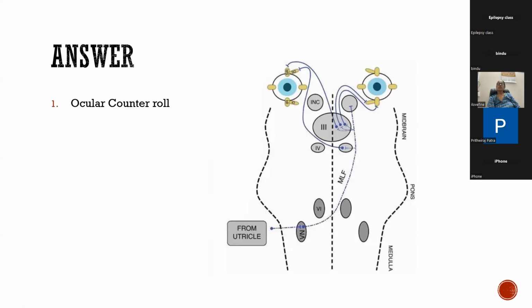Whereas when the head is tilted, the same mechanism which helps to fixate on the point of interest is known as ocular counter roll. Ocular counter roll is a physiological mechanism, and when there is a pathology, it is called ocular tilt reaction.